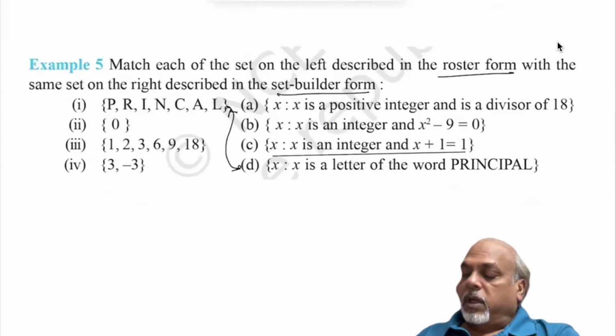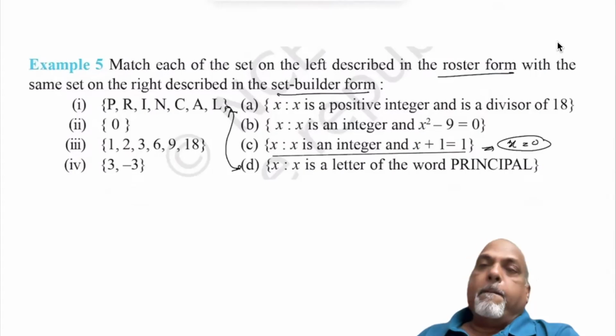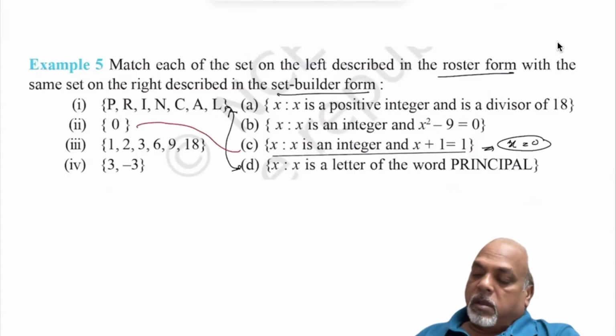If you put integer, x has to be 0 because 0 plus 1 is 1. So this is your second one.